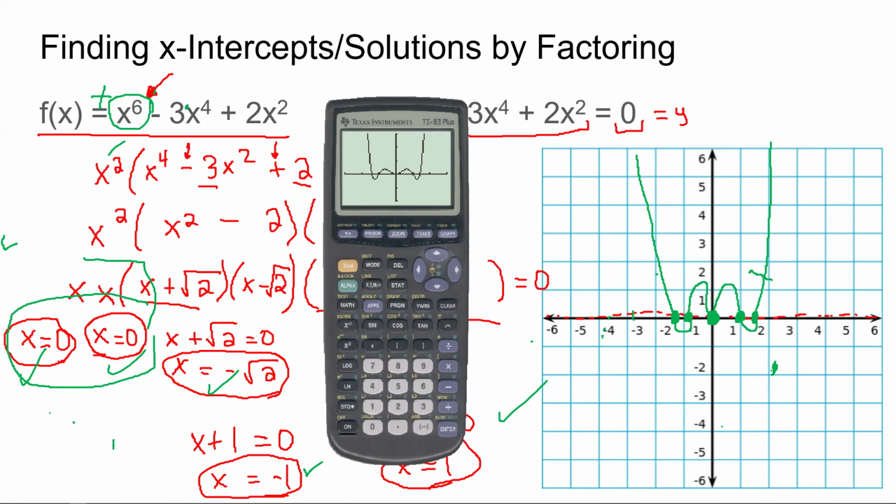Okay, it didn't cross right there. It just came down and touched the x-axis. It's almost like there's a little parabola right there on the thing. If I were to zoom in right there at the origin, we might mistake that for a parabola, right? Well, when you've got that x squared right there at the origin, that's one of those.